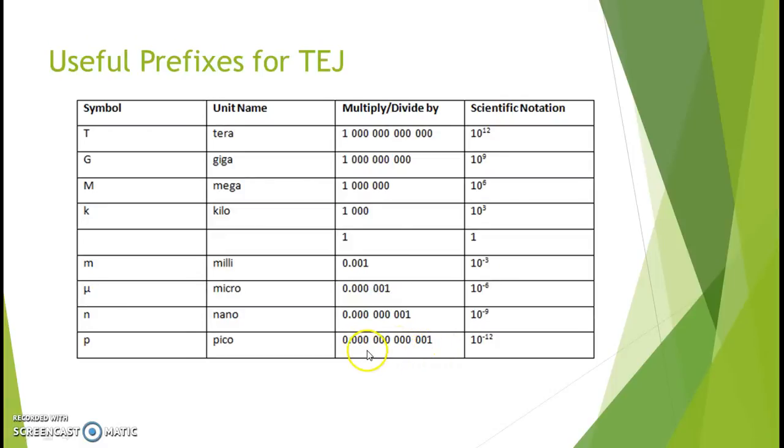In contrast, if we want to go from picometers to meters, we would multiply by this number. And if we want to go from megameters to meters, we would multiply by 1,000,000.